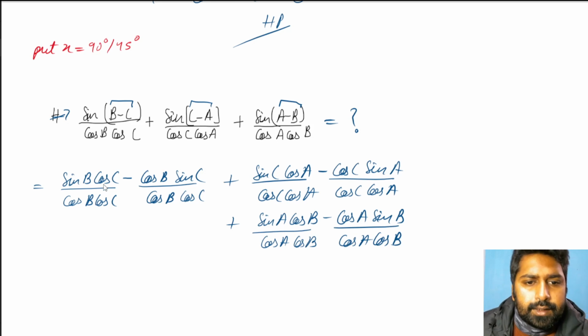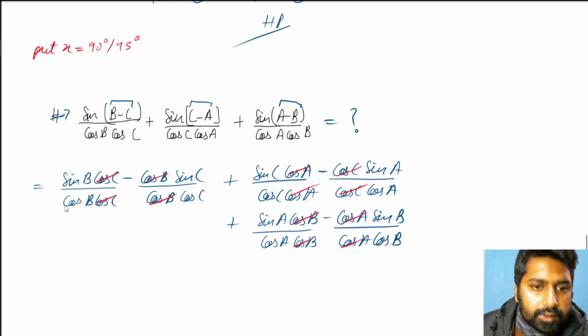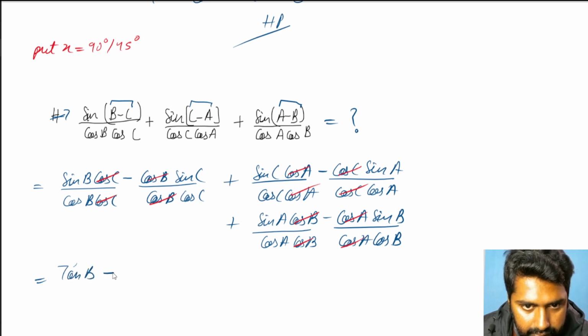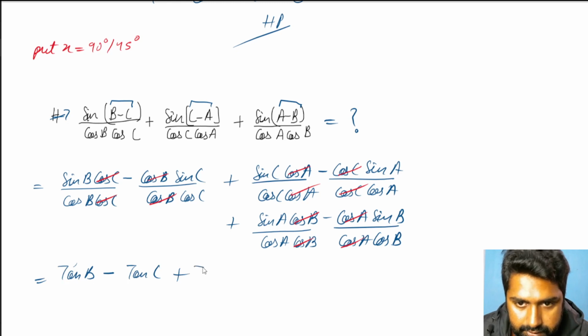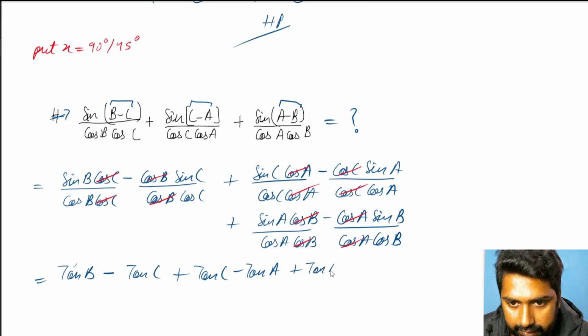A few expressions are cancelling. Cos c cancels, cos b cancels, cos a cancels. What you are left with is tan b minus tan c, tan c minus tan a, tan a minus tan b.